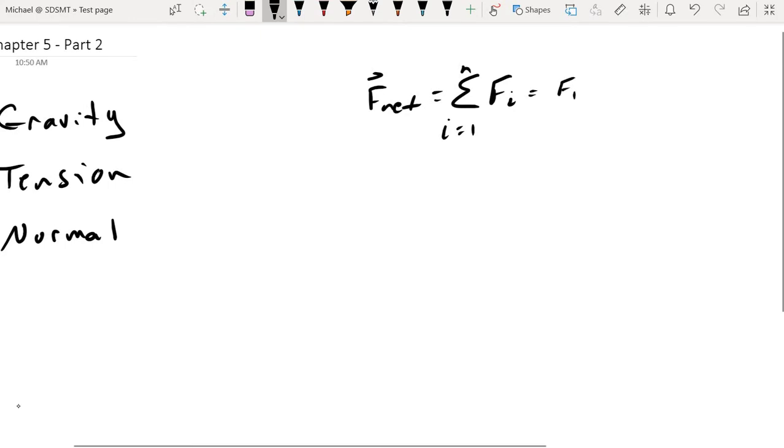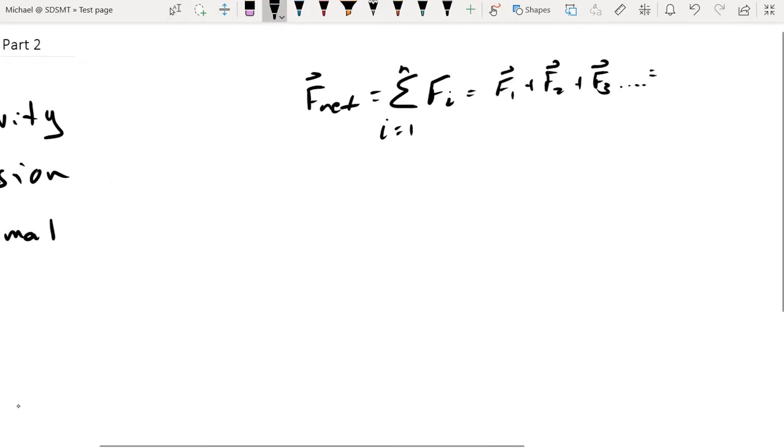And as we add up all those forces, however many we happen to have, those forces are going to tell us how our mass will accelerate in the system.